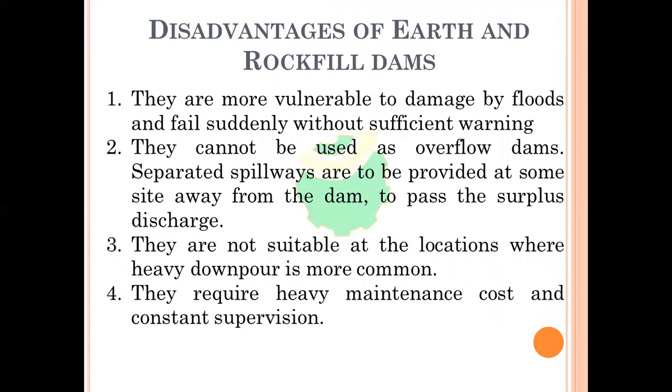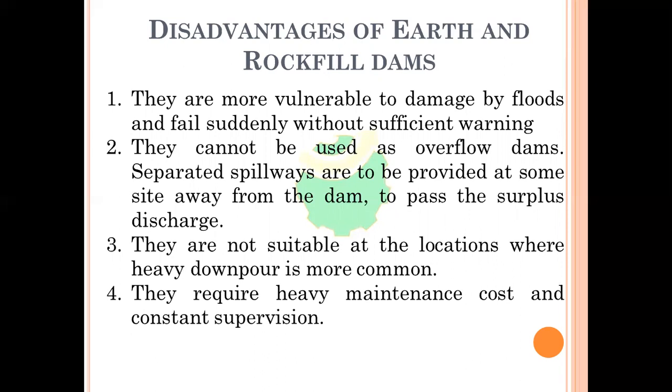The disadvantages of earth and rock fill dams are: they are more vulnerable to damage by floods and fail suddenly without sufficient warning. Sudden failure occurs. They cannot be used as overflow dams.